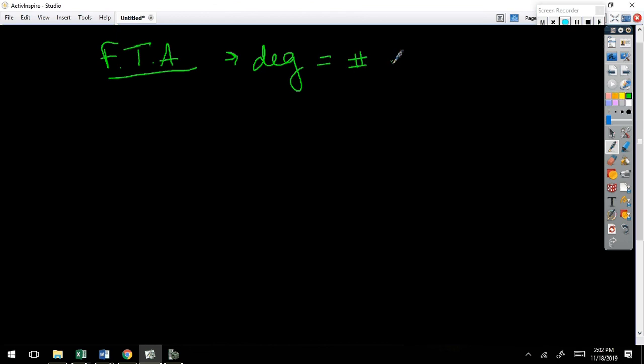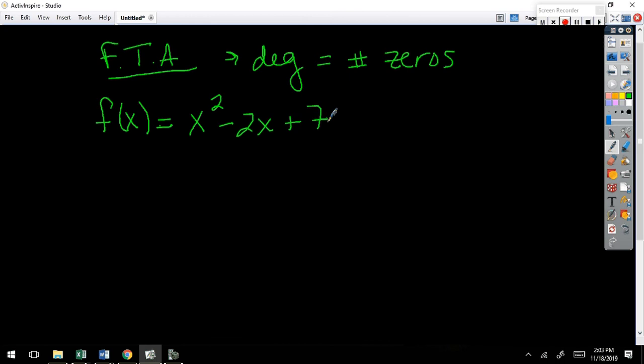So if I give you an equation, let's say x squared minus 2x plus 7, to determine the number of real and complex zeros I have, here's what I need to do. I know that my total number of zeros is going to be 2, right?